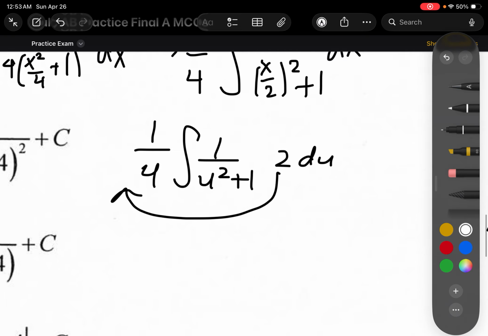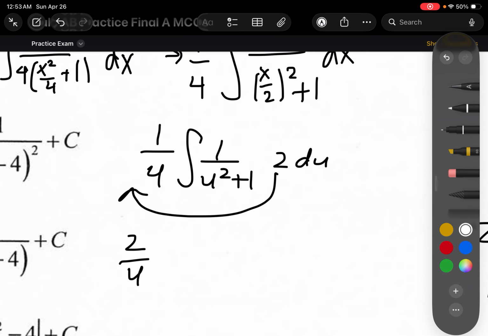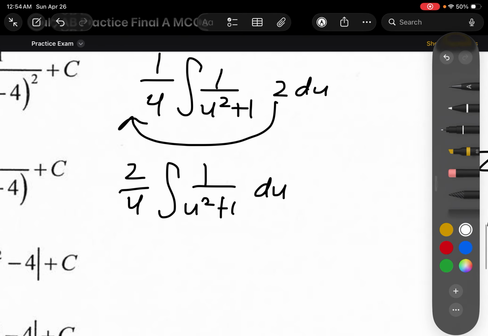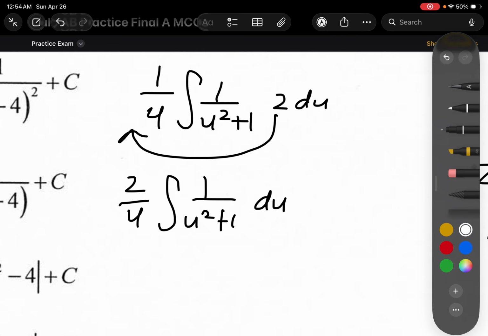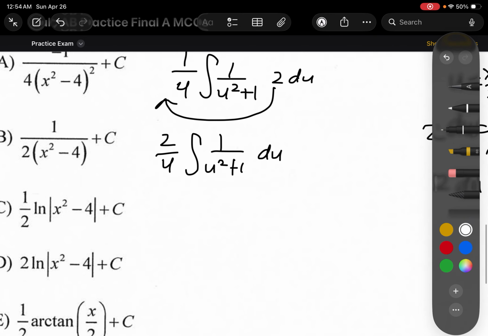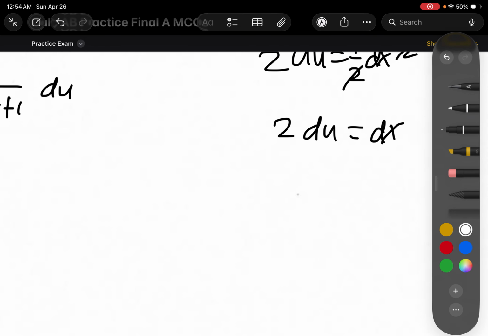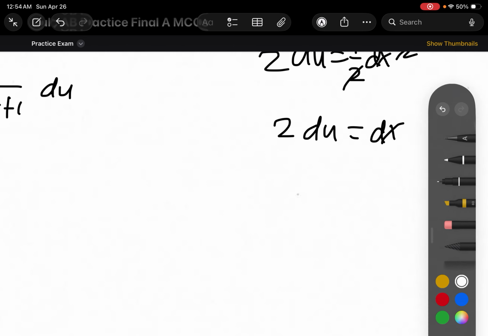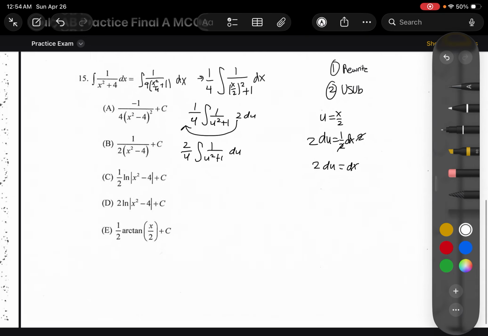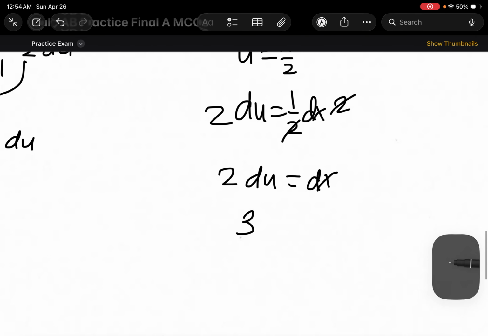Move that constant to the front, so that's going to be 2/4 times 1 over u squared plus 1 du. And 2/4 is going to be simplified to 1/2. Let me write the third step.